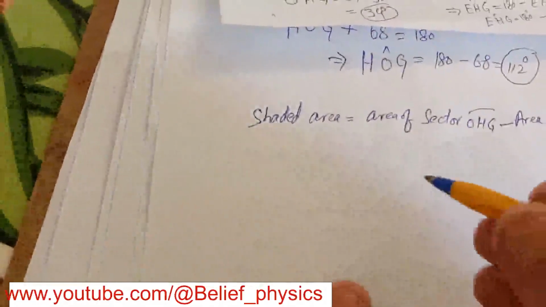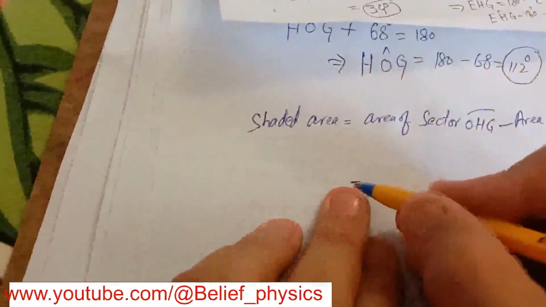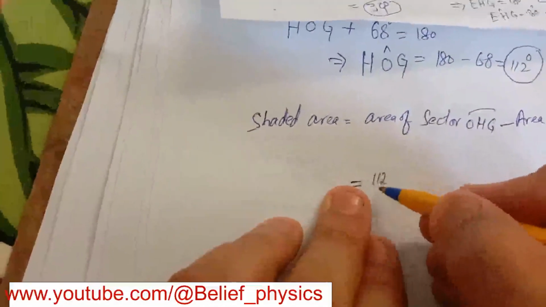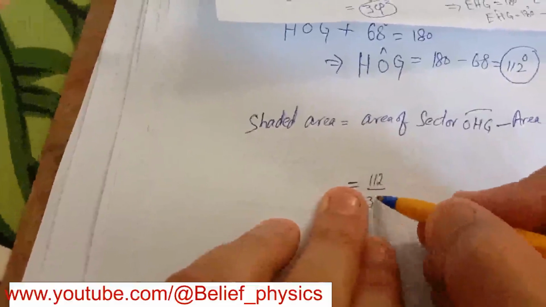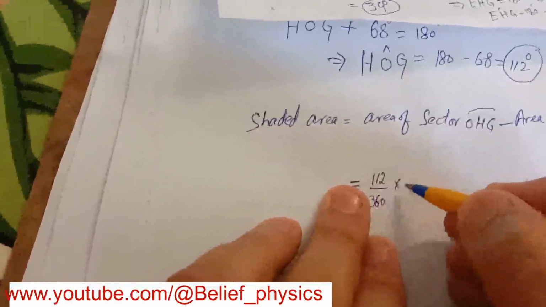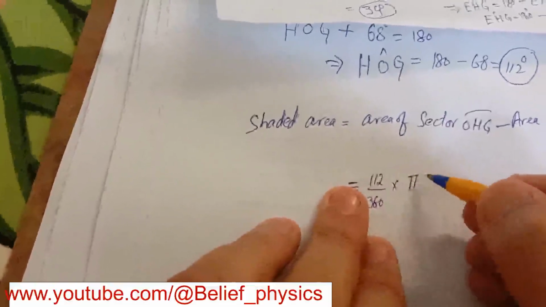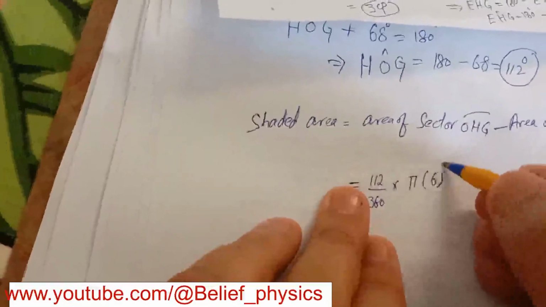When a central angle is given, we can find the area, and the formula for the area of a sector is x over 360 times pi r squared. X is 112 here, and r is 6, so pi into 6 squared.